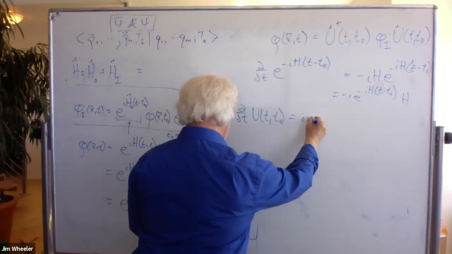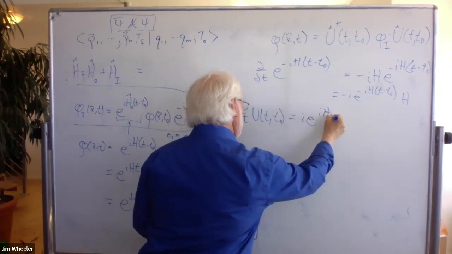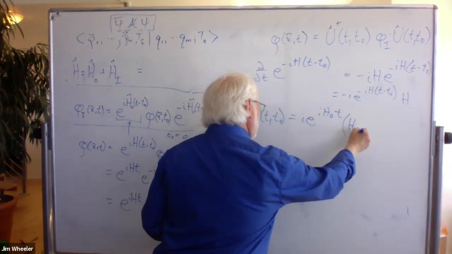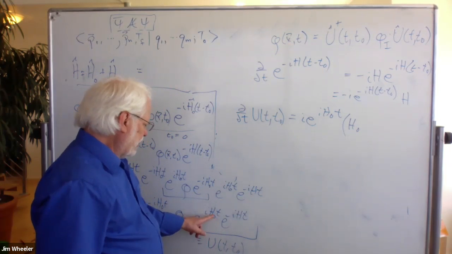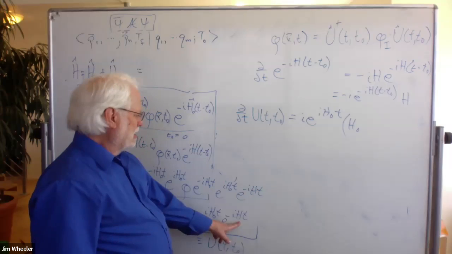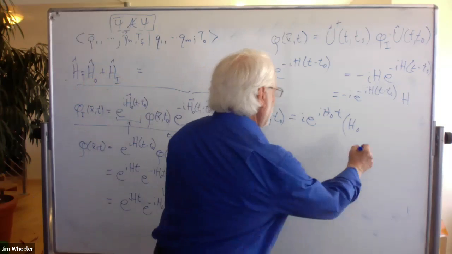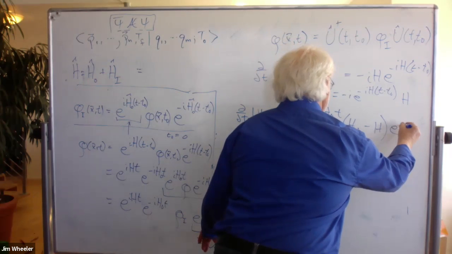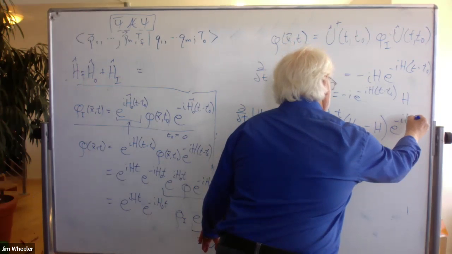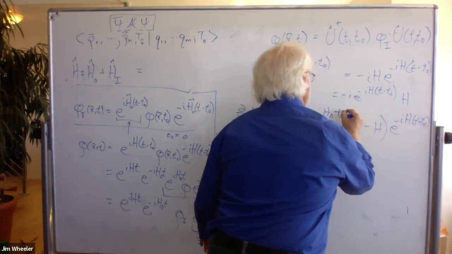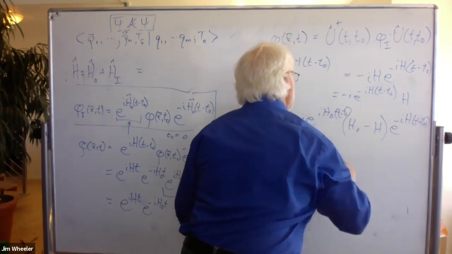So e to the I H naught t. I'm going to bring down the stuff in the middle. So the first derivative brings down an H naught, and I put that in the middle. The second one's going to bring down a minus H, and I'm going to put that in the middle. So now we get the difference between these two, sandwiched between them. T minus T naught here, minus T naught there.